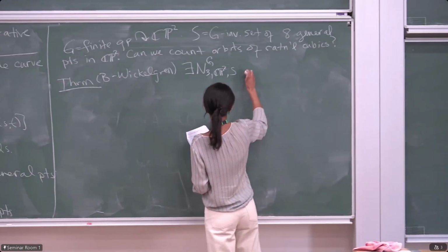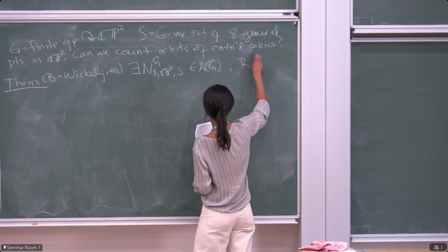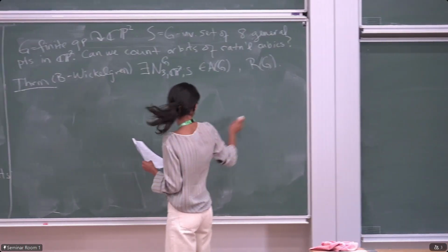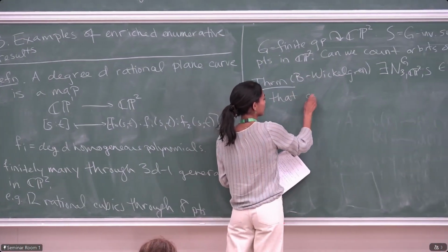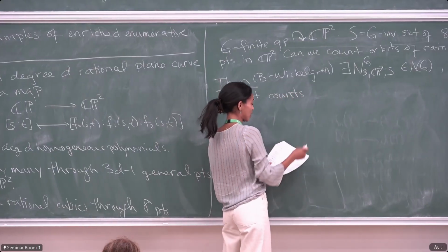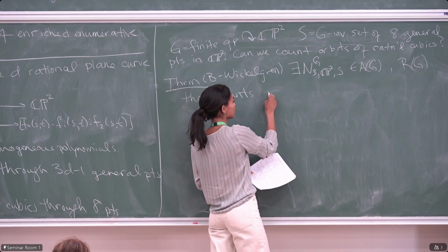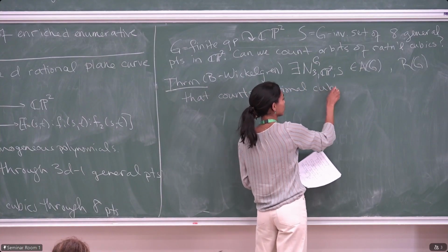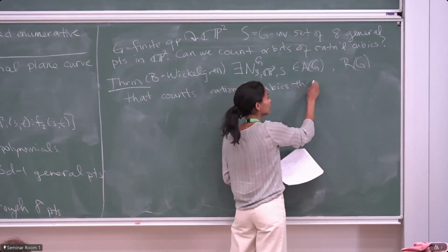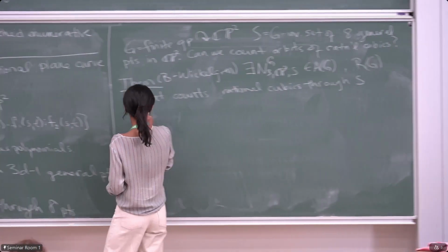There exists an element of the Burnside ring, or you could think about it in the representation ring, that counts rational cubics through S equivariantly.